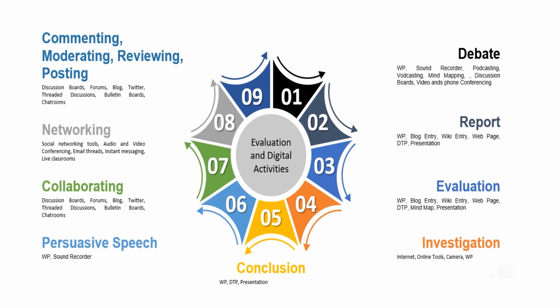Evaluation is justifying a decision, solution, answer, or course of action through checking, hypothesizing, critiquing, experimenting, judging, testing, monitoring, commenting and reviewing, posting, moderating, etc., which are the different modes through which evaluation can be done in the digital era.